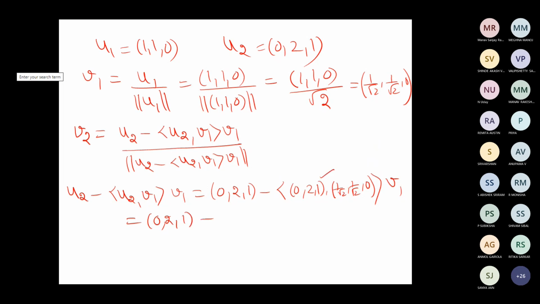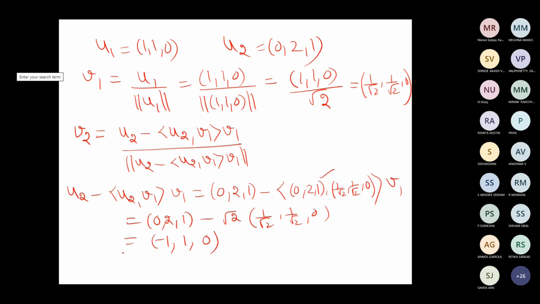So what is this inner product? Root 2. Root 2 is the inner product value, right? So root 2 into V1, which is again (1 by root 2, 1 by root 2, 0). So 0 minus 1, 2 minus 1, 1 minus 0.